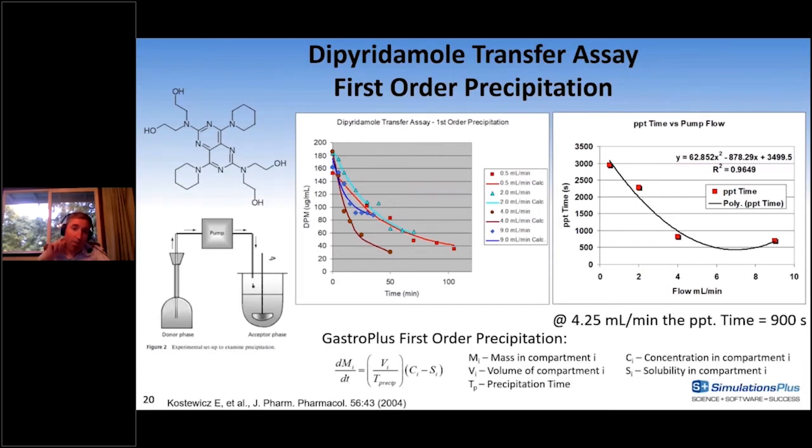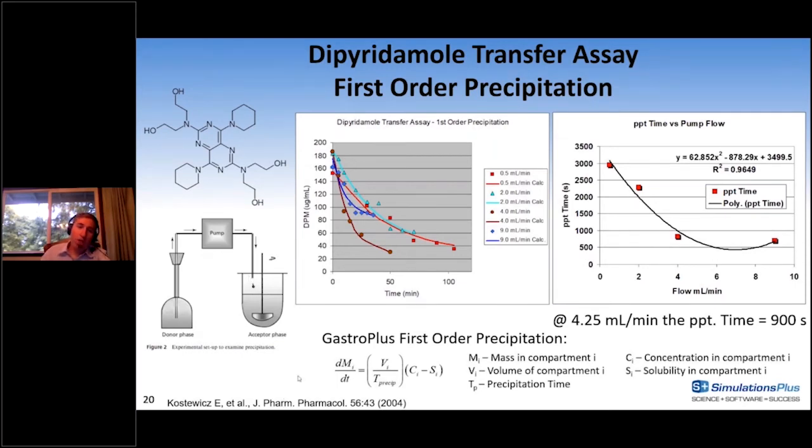People often ask how you might obtain these first order precipitation parameters, and Kostewicz came up with this assay in 2004 where he pumped an acidified drug phase, acidified dipyridamole, so completely solubilized drug, into an acceptor phase at intestinal pH, a buffer at intestinal pH, and watched the drug precipitate over time.